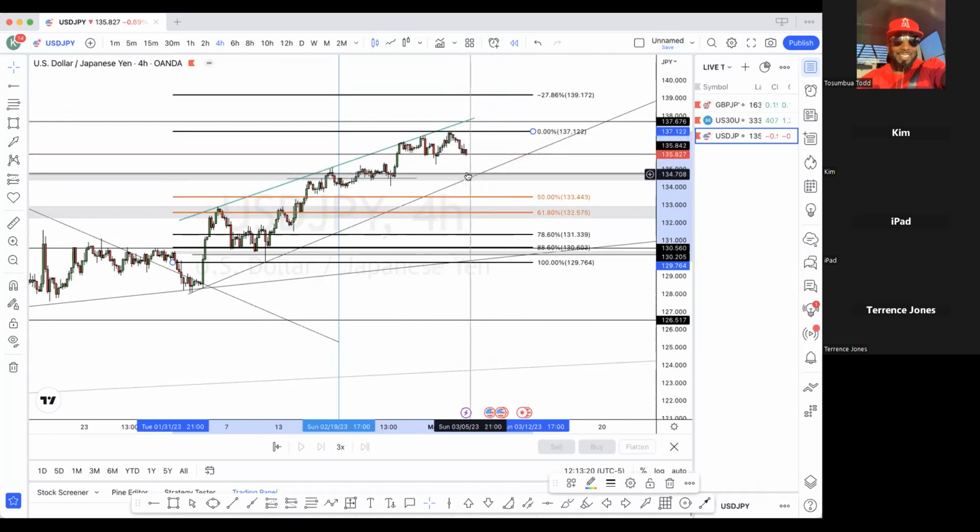I want price to pull back either here, because there's a violated order block here, close to my trend line, and continue buying up, or I really would like for price to pull back to my 618 or even my 78 to continue buying up.